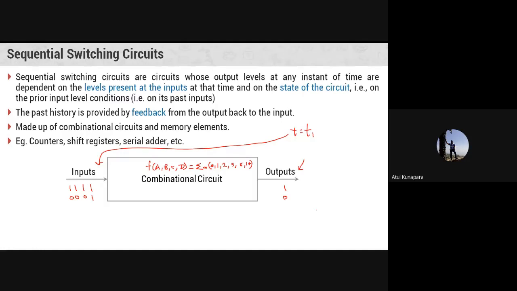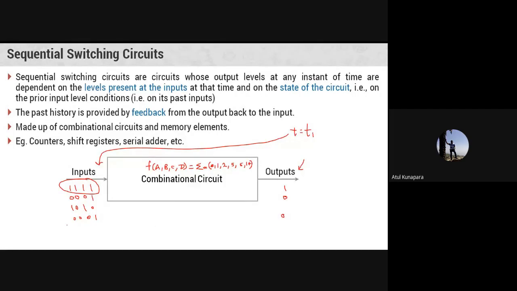Right? It means, what was the input given before this? Right now you can see that before 0, 0, 0, 1, we have given 1, 1, 1, 1. So the output for 0, 0, 0, 1 is 0. It is not that it is 0 because you gave 1, 1, 1, 1 prior to this. No. If you give, let us say, 1, 0, 1, 0 as input, and then after that you apply 0, 0, 0, 1, then each time you put this combination, your output is going to be 0 only.